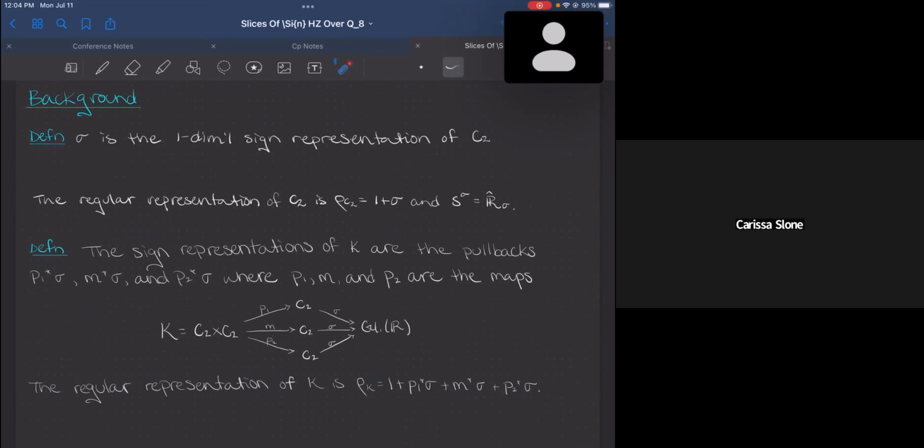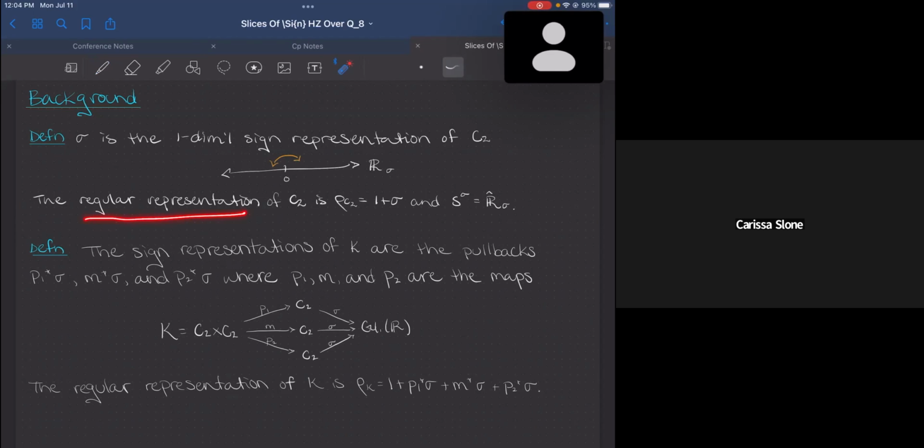Definition: sigma is the one-dimensional sign representation of C2. What I've got here is a copy of R, which I'll call R^sigma, and what sigma does is that it acts by flipping.